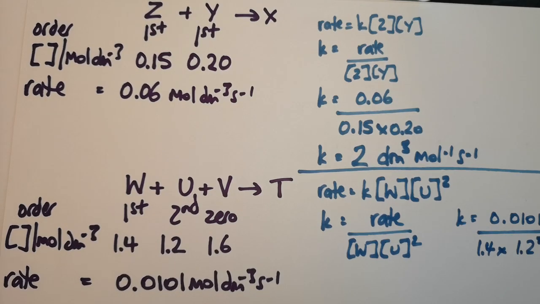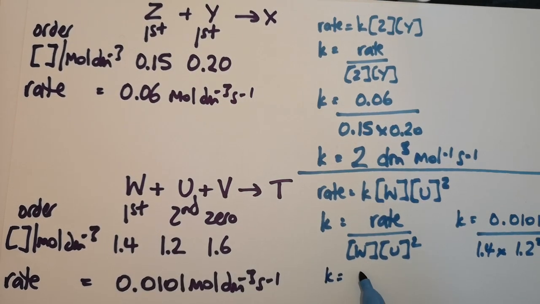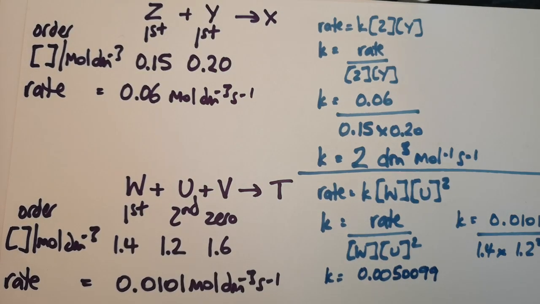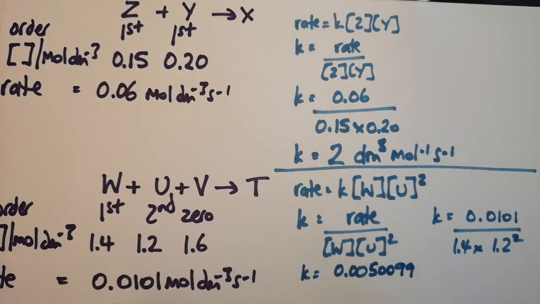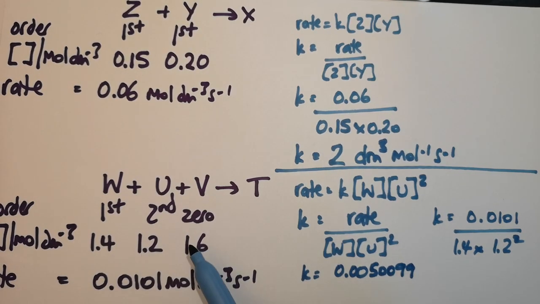Now that comes out with a slightly complicated number. So the actual numerical answer you'll get on your calculator for this is 0.0050099. So we need to look at shortening that. So our data here are to 2 significant figures and here to 3.